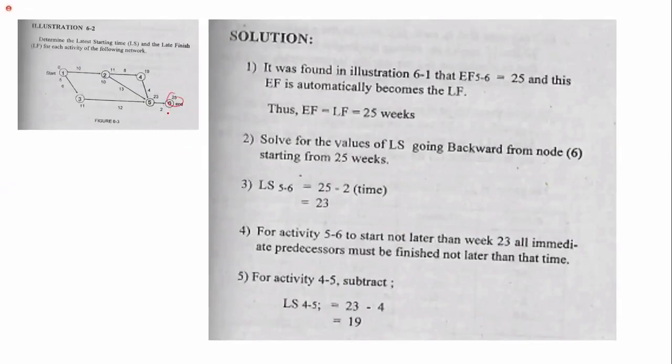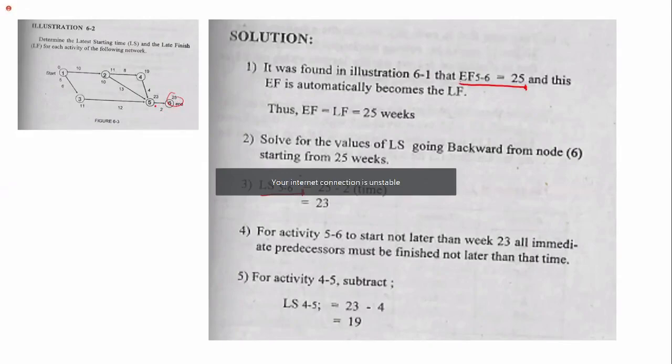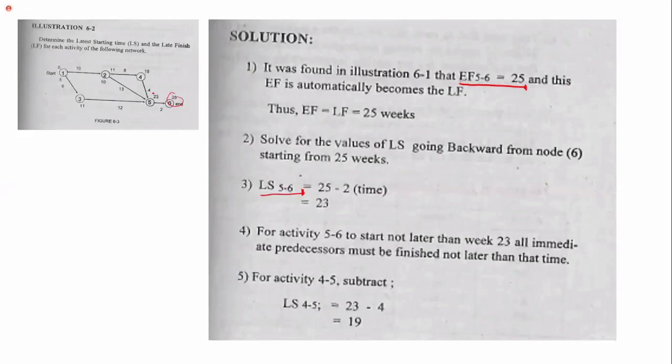So to find the late start of 5 to 6, we have 25 minus 2. 2 is the duration of activity 5 to 6. So our late start for activity 5 to 6 is 23.